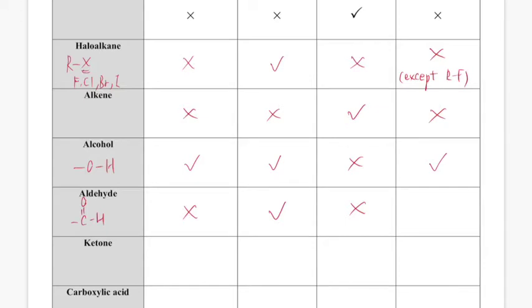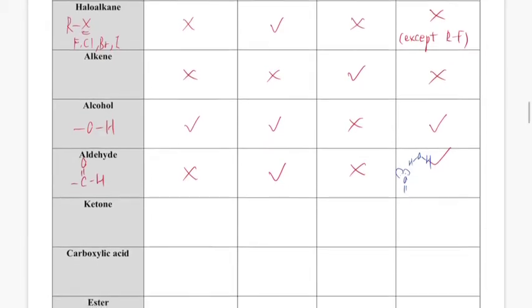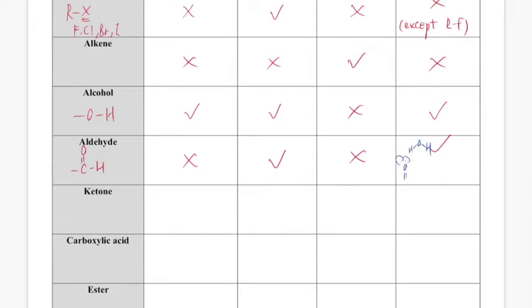And then, can aldehyde form hydrogen bond with water? Okay, the answer is yes. Because the oxygen from the aldehyde has lone pairs on it, it can form hydrogen bond with the hydrogen from the water. And for ketone, again, since it doesn't have any hydrogen attached to those most electronegative atoms, the answer would be no. It cannot form hydrogen bond between the molecules.